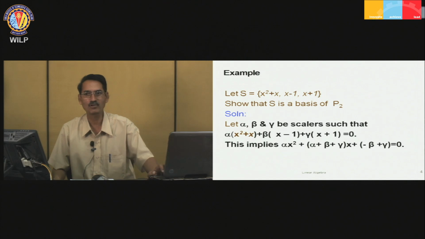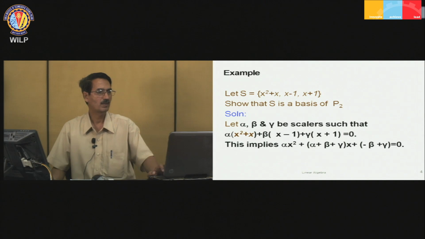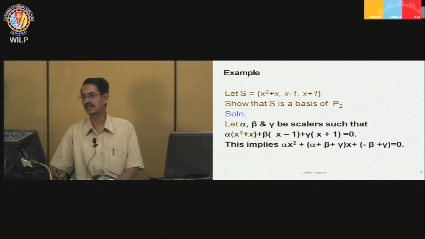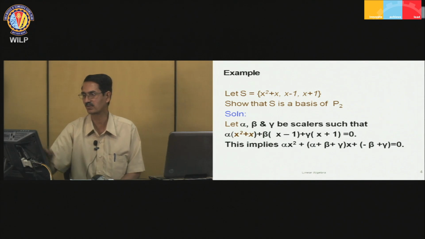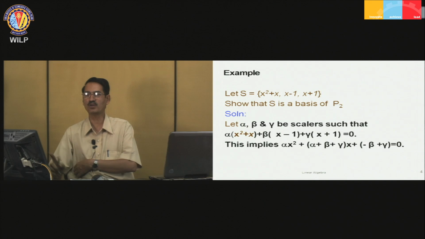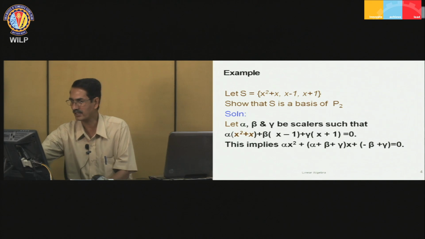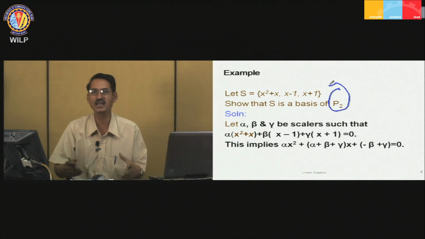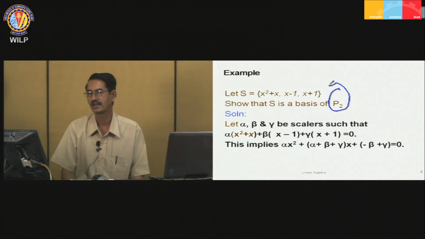Now, I am going to use the previous result. Suppose the given set S is the set consisting of 3 vectors: x square plus x, x minus 1 and x plus 1. Then S is to be checked as a basis for P2. What is P2? This P2 is the set of all polynomials of degree less than or equal to 2. Do you recall the last class?